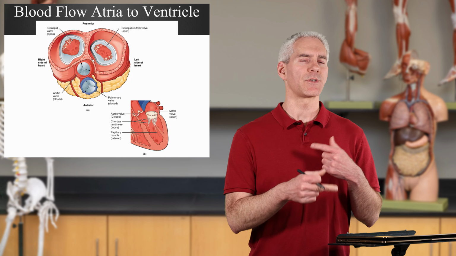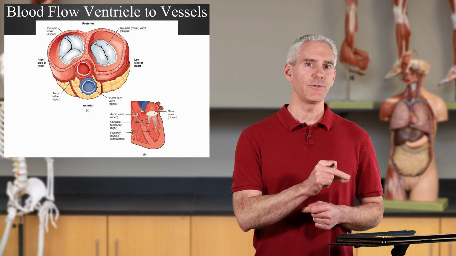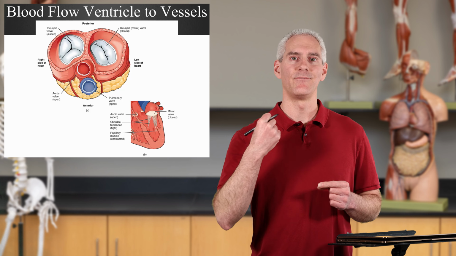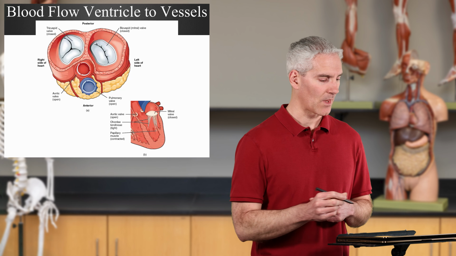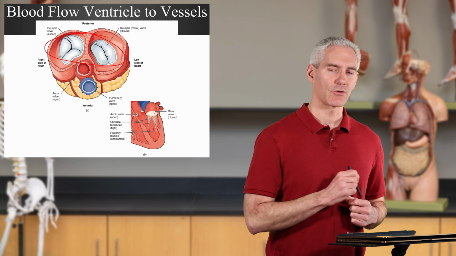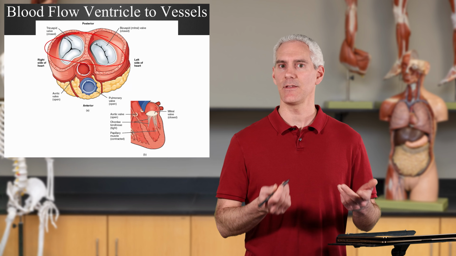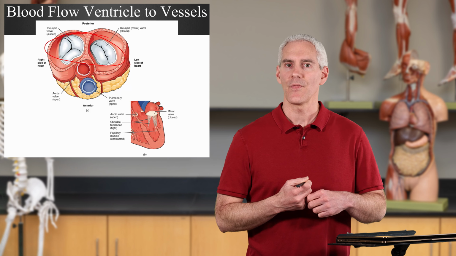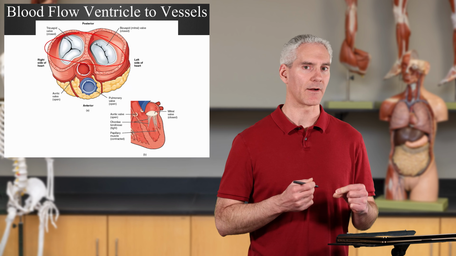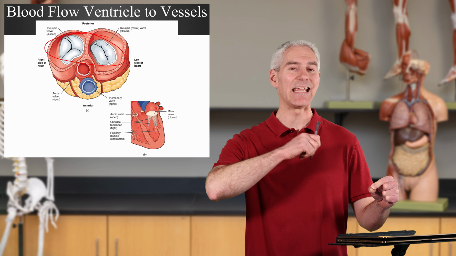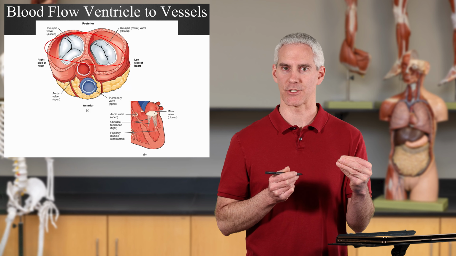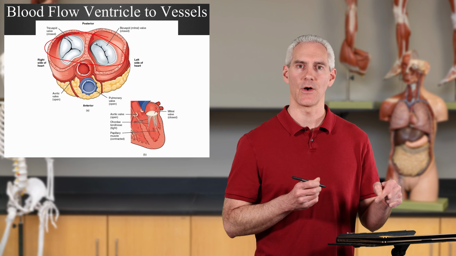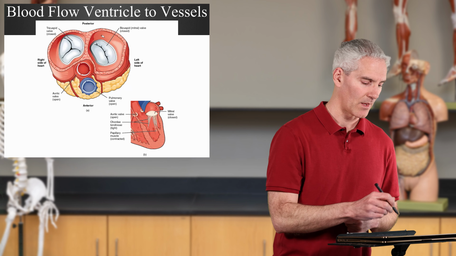But now let's switch it up. Ventricles are having blood go into the vessels. So this is the aorta and the pulmonary trunk. Notice that the tricuspid and bicuspid, these AV valves, are closed. That's because when blood is flowing from the ventricles into the vessels, the ventricles are squeezing, they're generating pressure, which closes those AV valves.